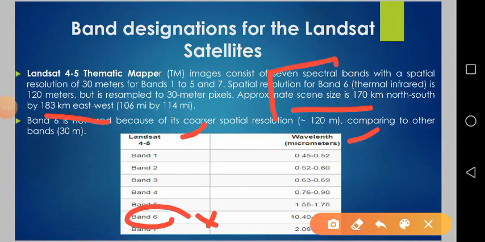This is the size of the area of the earth sensed by this particular satellite, with a spatial resolution of 30 meters. The spatial resolution I will discuss in the upcoming slides.